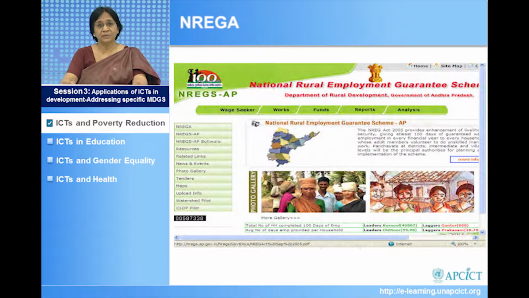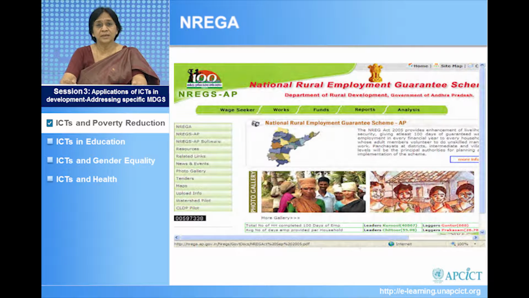What the NREGA website and the use of this technology has done is to provide the villager with the empowerment that he or she needs to access work, particularly in seasons when agriculture is not the mainstay. At the same time, it has enabled the villager to see whether or not he's getting a regular income.